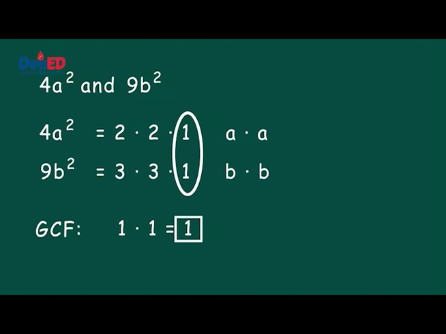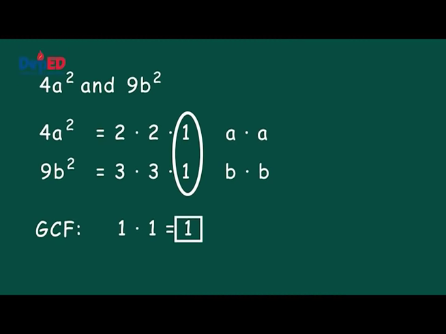Therefore, the greatest common monomial factor of 4a squared and 9b squared is 1. And if the GCF of the expressions is 1, we can say that they are relatively prime.